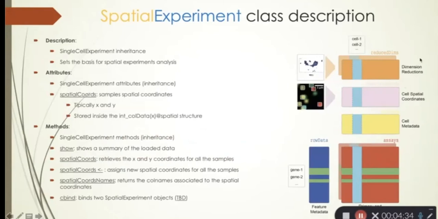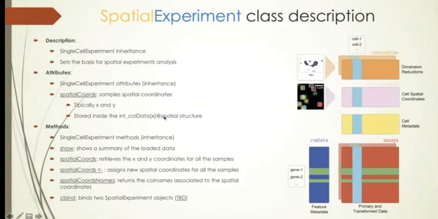The Spatial Experiment class inherits from the SingleCellExperiment class, as mentioned before, and it wants to set the basis for spatial transcriptomics, for the spatial experiments analysis. We implemented some attributes named spatial coords. Typically, they are X and Y. They are stored inside this part of the SingleCellExperiment class.